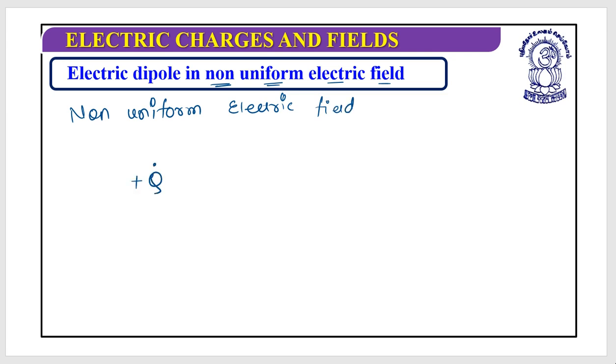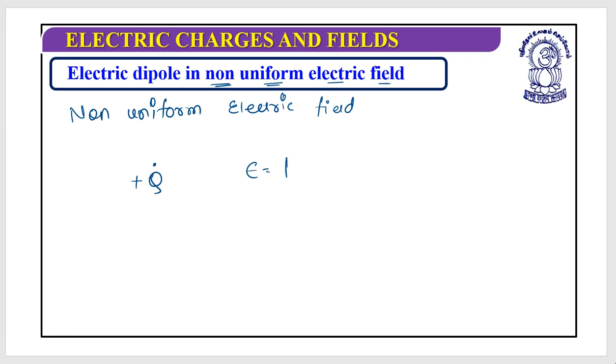Let's say this is a point charge q. Will the electric field due to this point charge be uniform or non-uniform? How can I find it out? Just go through its data.